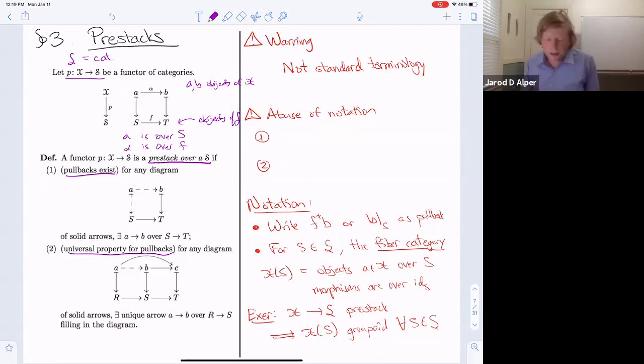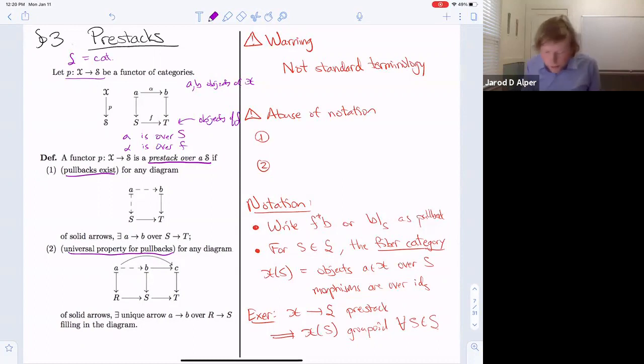The universal property for B being a pullback of C is that for any other object A over some object R, and a map to C, there exists a unique map, this dotted map. So that's all it is: pullbacks exist and satisfy a universal property.